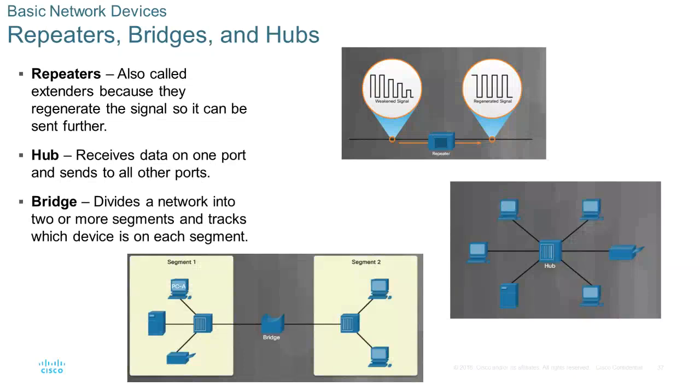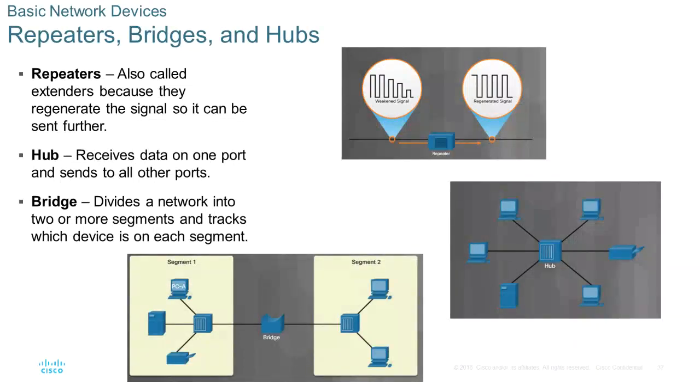A bridge was a smart divider of a segment. It would actually learn what devices were connected on each segment and limit the traffic based on that.